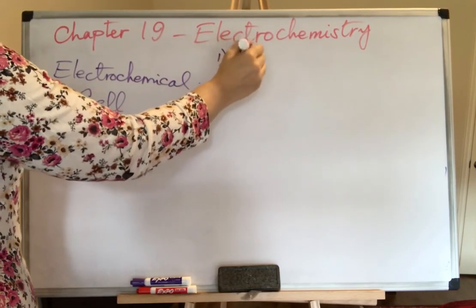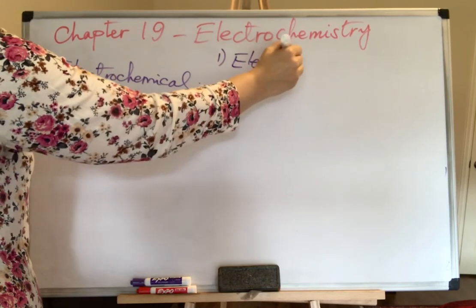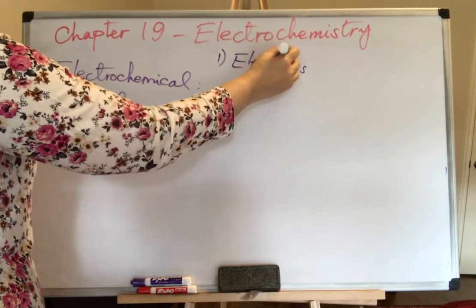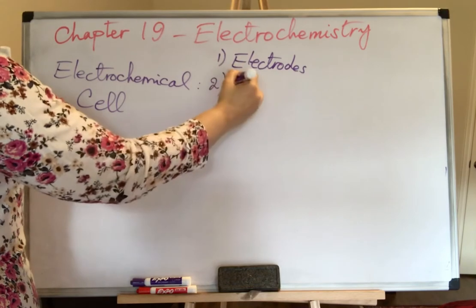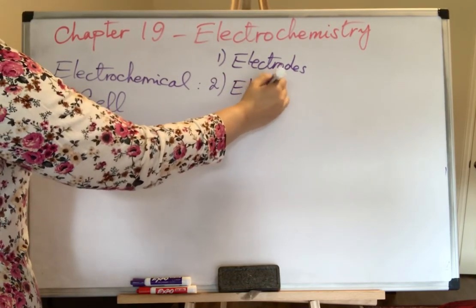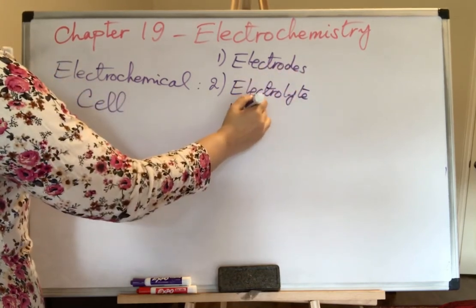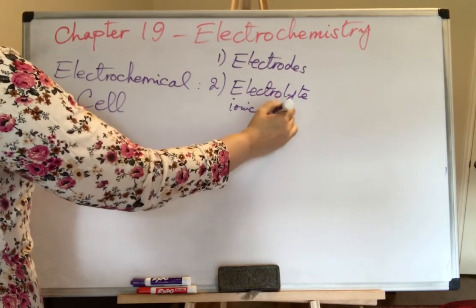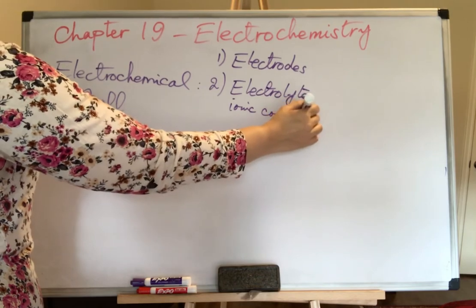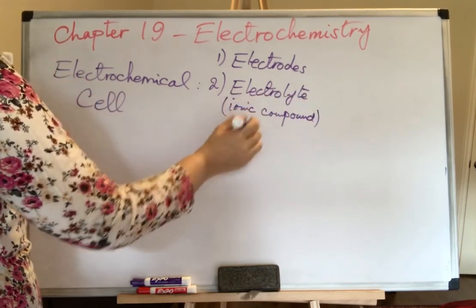First, electrodes. Second, electrolyte. Electrolyte is an ionic compound which is going to be ionized 100%, right?